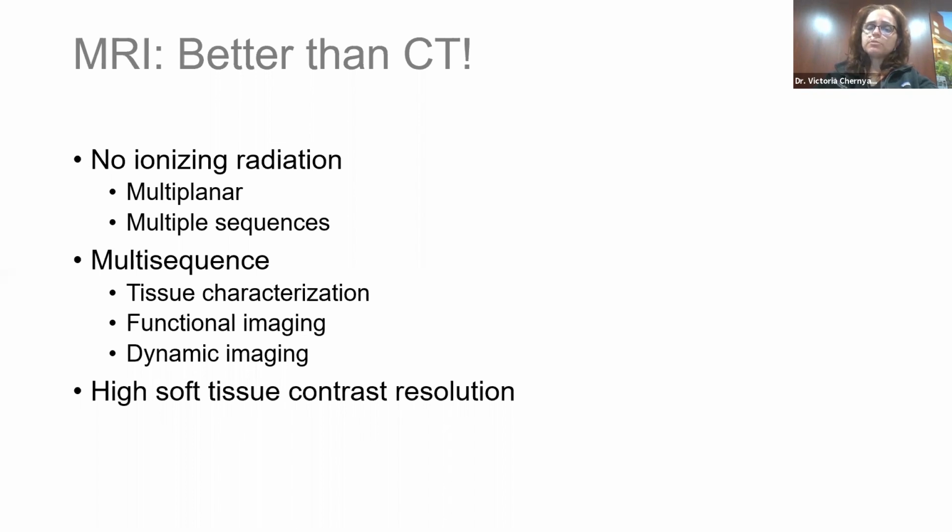Another incredible advantage of MRI is that it has inherent high soft tissue contrast resolution, meaning that for two structures that are next to each other, the difference between their brightness on MRI is much greater than on CT.